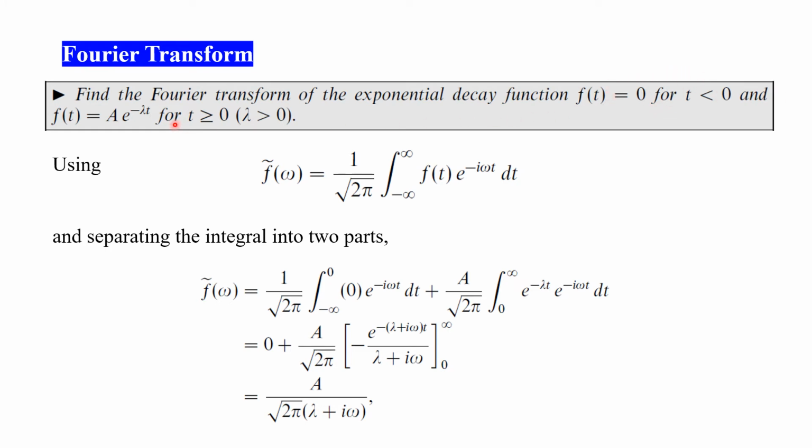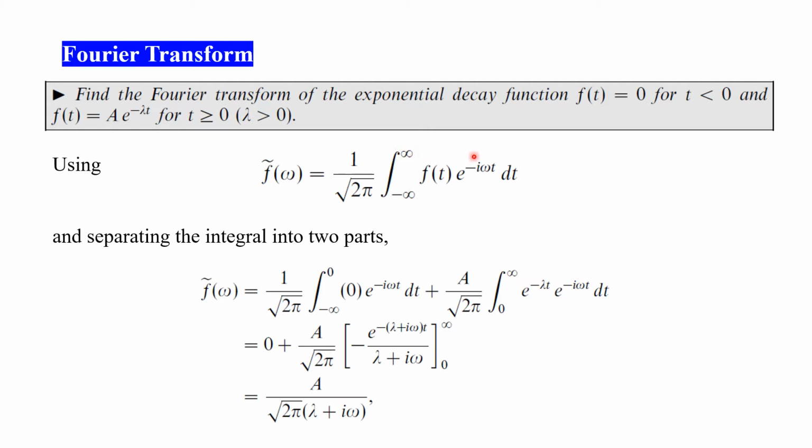We are going to use, again, equation 13.5, the Fourier transform of f of t: 1 over the square root of 2 pi times the integral of f of t e^(-i omega t) dt, evaluated from negative infinity to positive infinity.